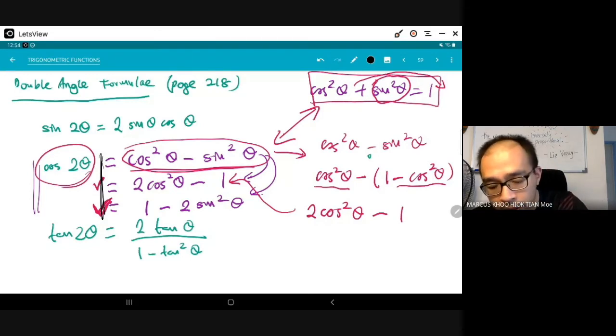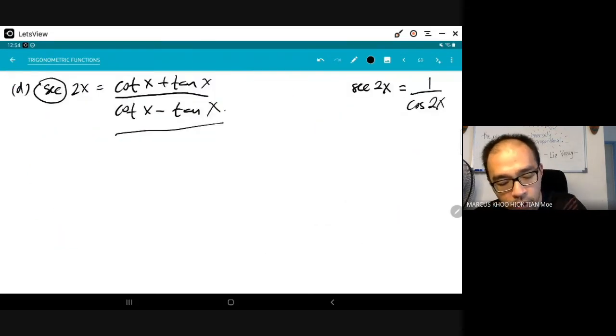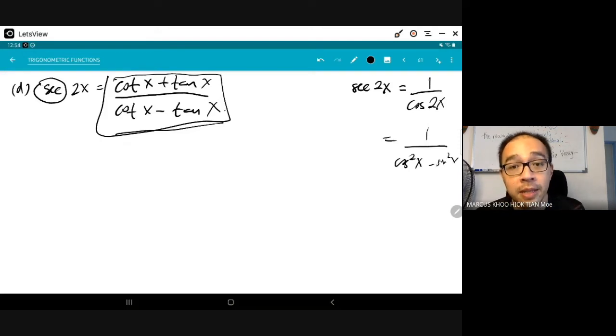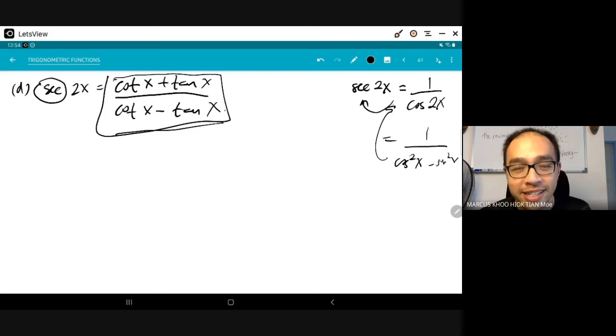We want it so that when we change this, it ends up as maybe 1 over cos squared x minus sine squared x. We are hoping that it ends up something like this, then we can work this way and that way. Good luck to us. Sorry, I also don't know. I'm answering this as I'm going along.